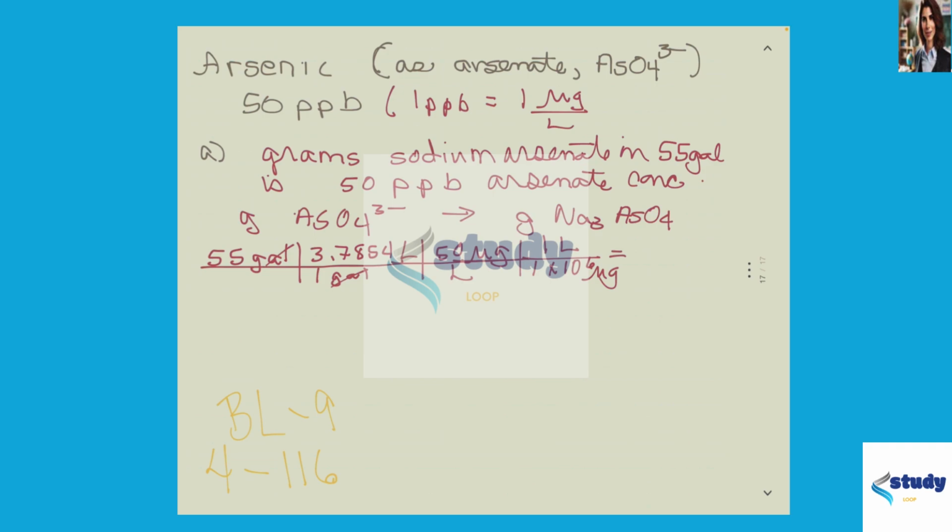And this will equal 1.04 times 10 to the minus 2 grams in a 55-gallon drum of the arsenate. This is the arsenate.